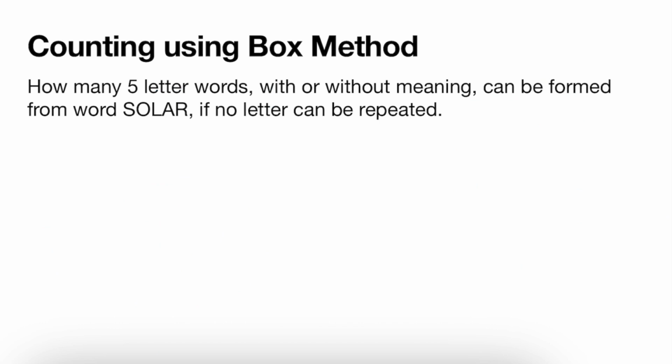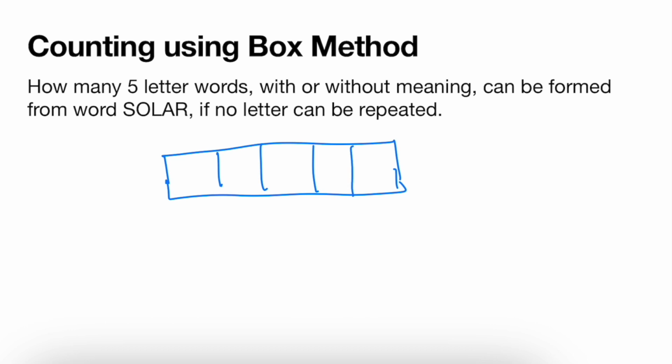Let's do one more problem. How many 5-letter words with or without meaning can be formed from the word solar? They're saying without meaning, so it can be any combination of these letters. Let's do the box method. We need a 5-letter word, so 1, 2, 3, 4, 5. We have these 5 letters, solar. How many ways can we fill the first place? There are 5 ways. We can use any of these.